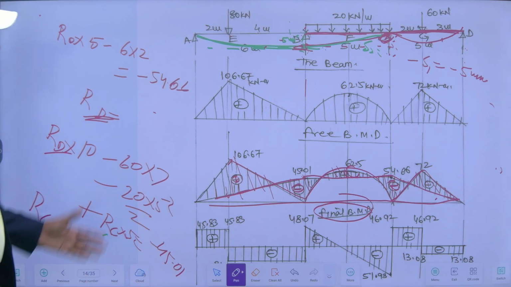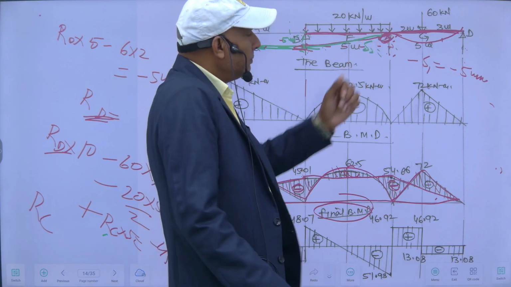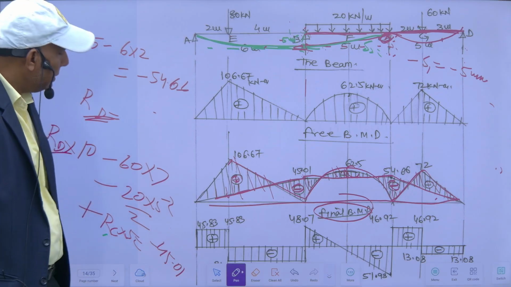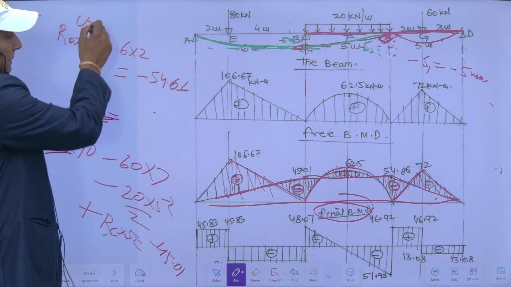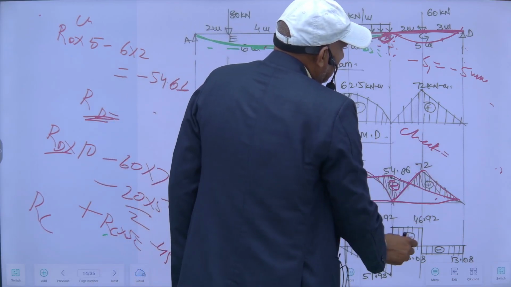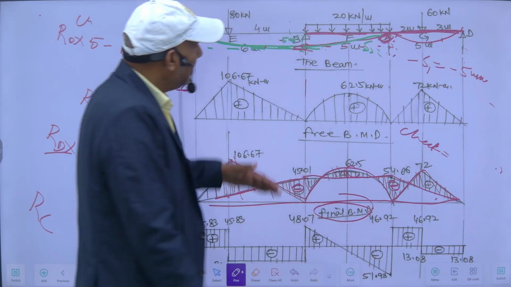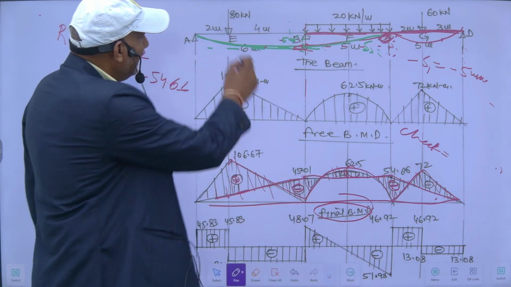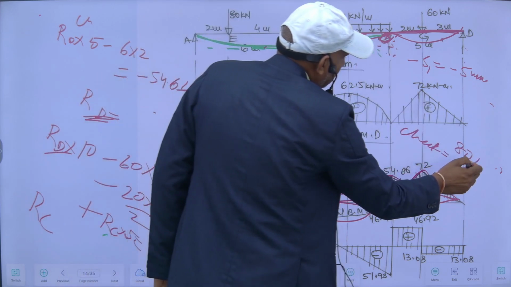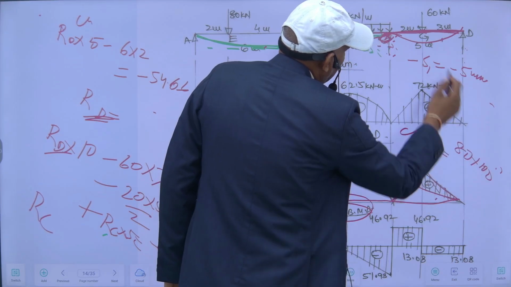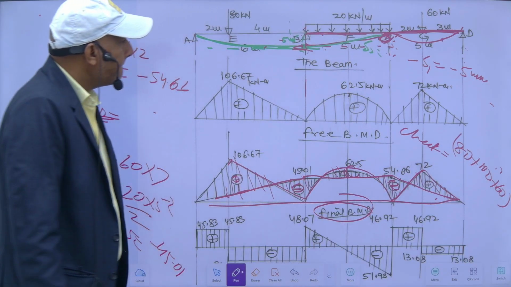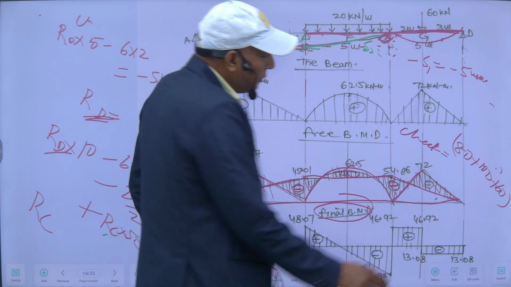Now RA, RB, RC and RD I have calculated. The check will be the total vertically downward load. This is 80 plus 20 into 5, 100, plus 60. So this total is 240.